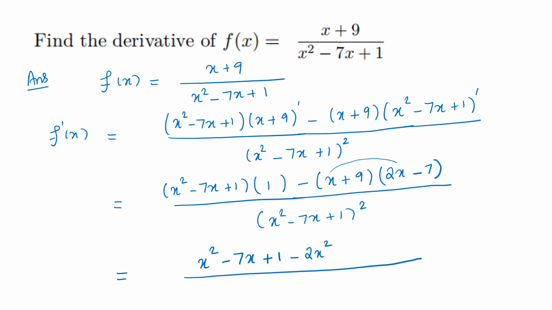Minus x multiply minus 7 is plus 7x. Next, this 9 and this minus outside. So minus 9 times 2x is minus 18x. Minus 9 times minus 7 is plus 63. Over the denominator, no change: x square minus 7x plus 1 squared.